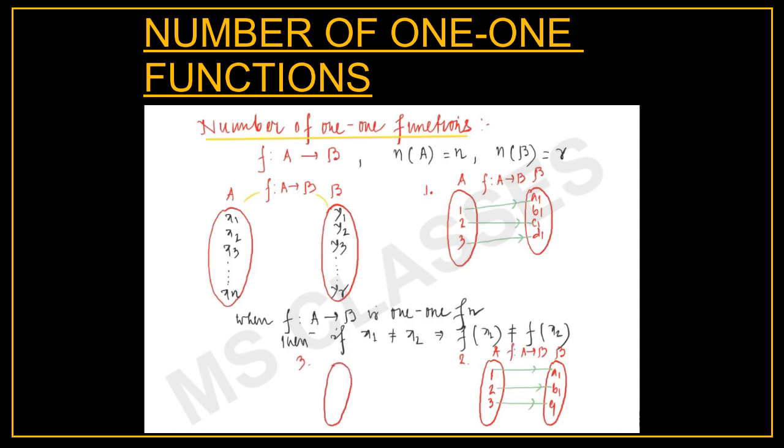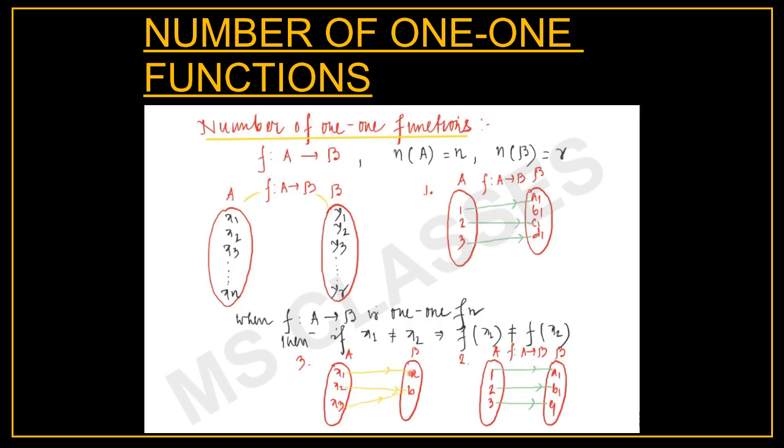Now there can be another case. Suppose you have set A and set B. Here we have x1, x2, x3, suppose 3 elements, but here I have only 2 elements. Now here, there is no question of a one-one function, because under any situation, even in the best case, suppose x1 is mapping to A and x2 is mapping to B, then x3 has two choices, either A or B. If I take it to B, then it is many-one.